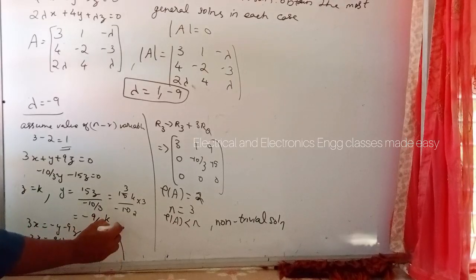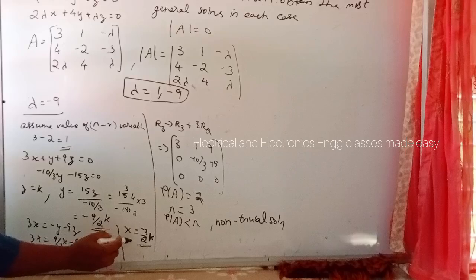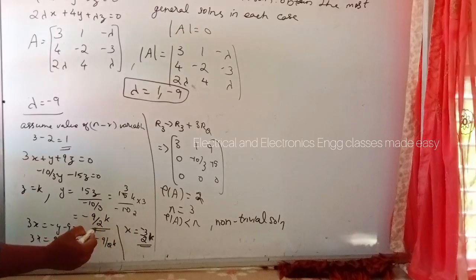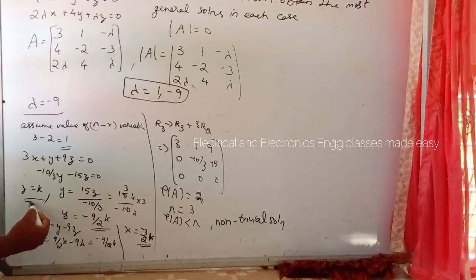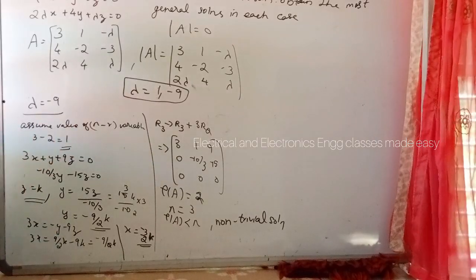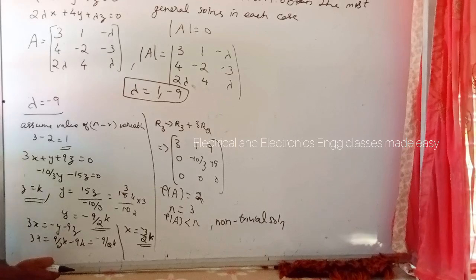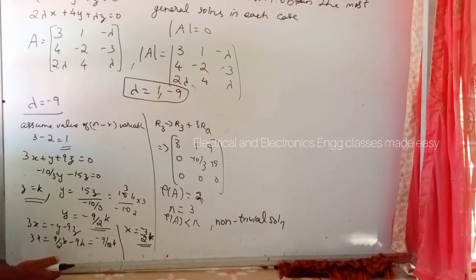So from this we get x is equal to minus 3 by 2k. So x is equal to minus 3 by 2k, y equal to minus 9 by 2k and z equal to k are the solutions for lambda equal to minus 9 in this case. So that is about the solutions of homogeneous equations.